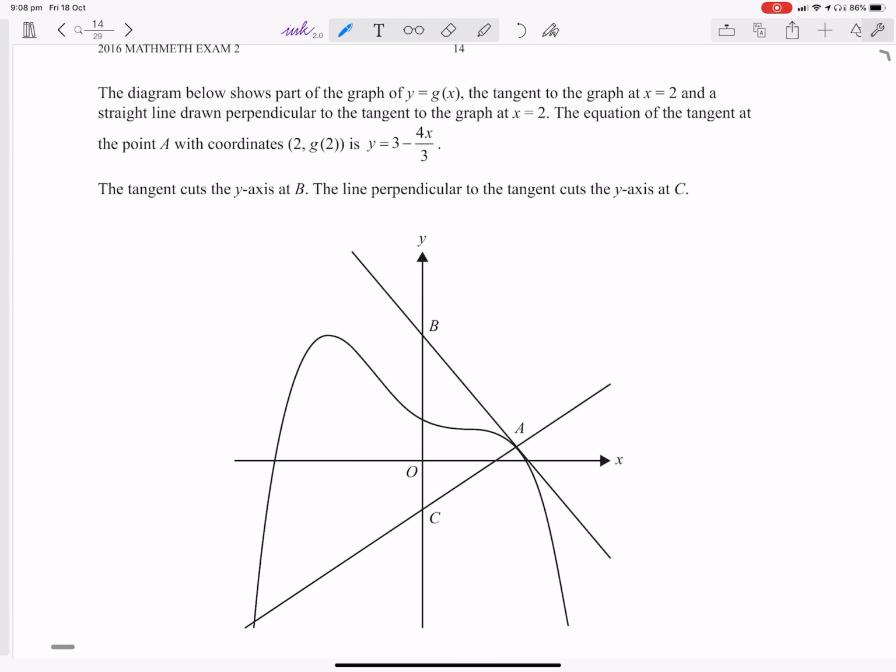The diagram below shows part of the graph of g of x. The tangent to the graph at x equals 2. The straight line perpendicular to the tangent to the graph at x equals 2. The gradient of the tangent, the point A with the coordinates 2, g of 2. So that's this one.